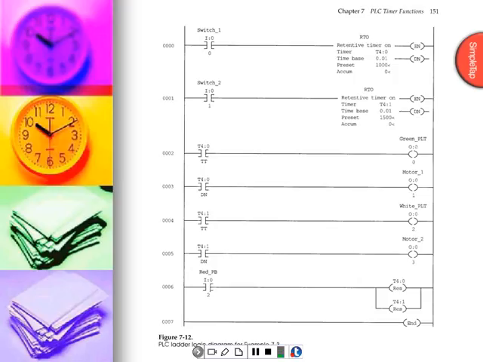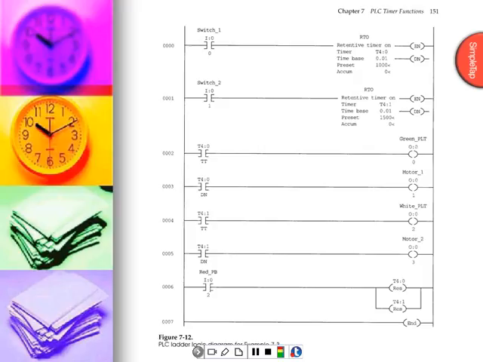Okay. Alright, so when I close this one, TT activates, which turns on the white light. In 15 seconds after this, the white light goes off, motor 2 comes on, and in order to start the process over, I have to reset. The main issue that I see when you use a retentive timer is people forgetting to put the reset in.